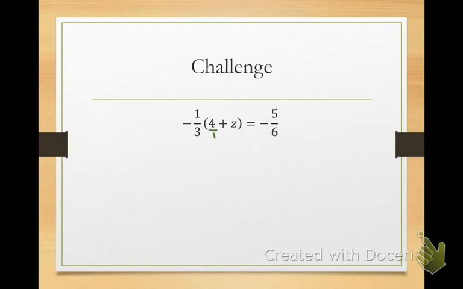Multiply my numerators and my denominators. Nate, what do you think? Negative 4/3. And now any number times 1 is just that number, right? So it's minus 1/3 z equals negative 5/6.